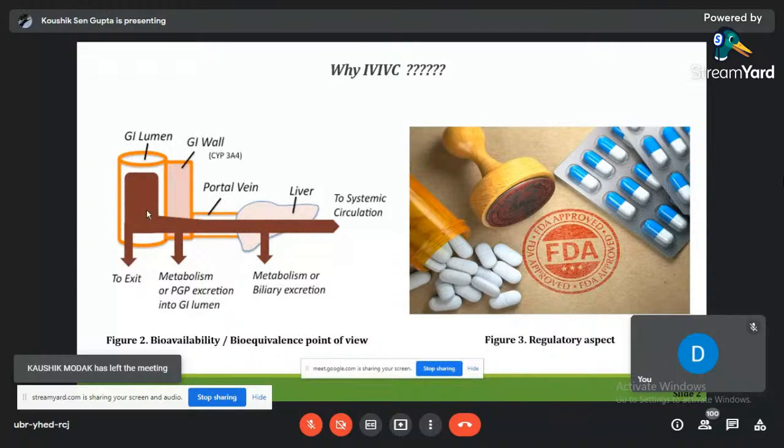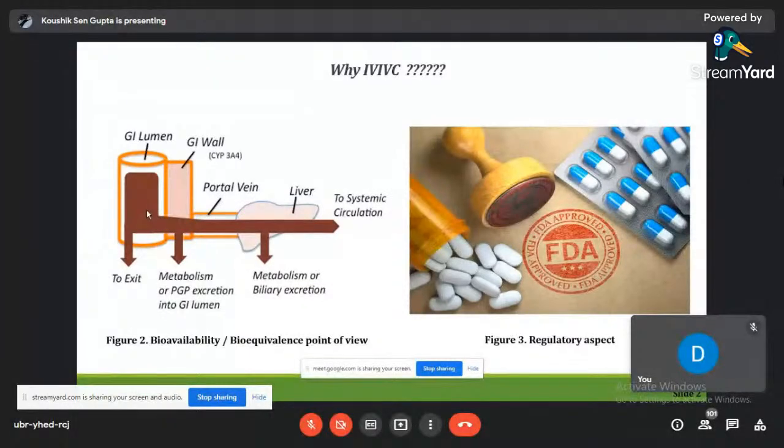As a result, when it enters the systemic circulation from the liver, one portion of the parent drug has been metabolized, that is, it has changed its property. That is why, whenever you take one drug orally, you can't get 100% bioavailability. So from that point of view, IVIVC is important.